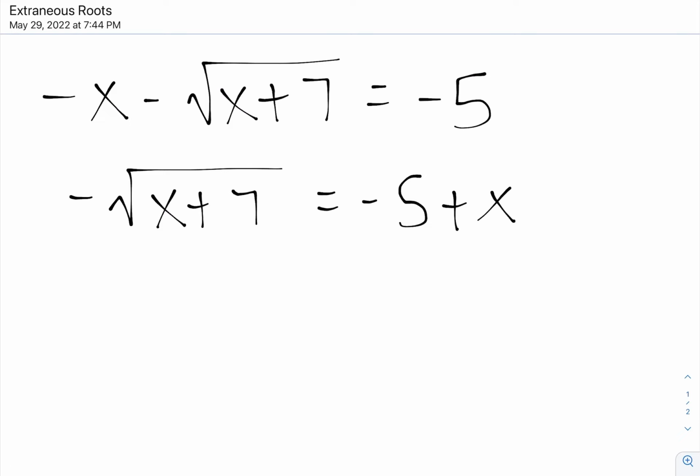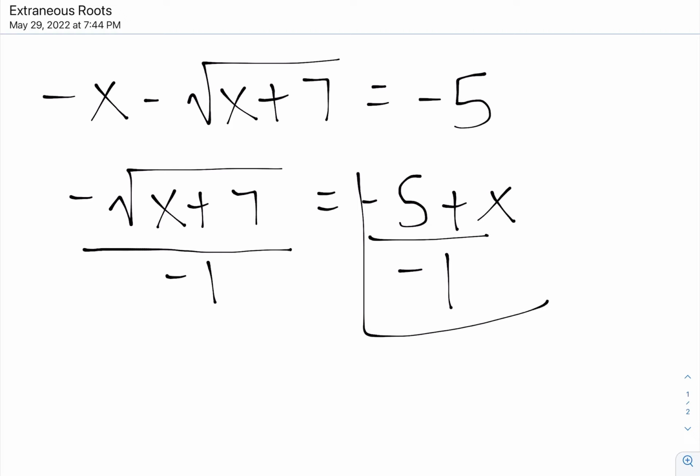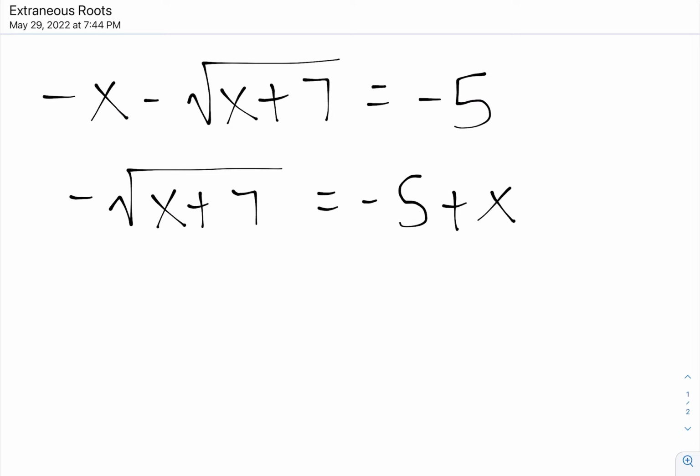The deciding factor in this solution, where the extraneous root really comes up, is right here. Notice how when we solved for x in the last question, the next thing we did was we divided by negative 1, and that changed the sign of everything on the right, because this became positive 5 minus x. Well, what happens after that?